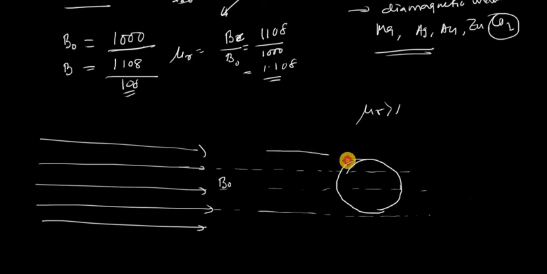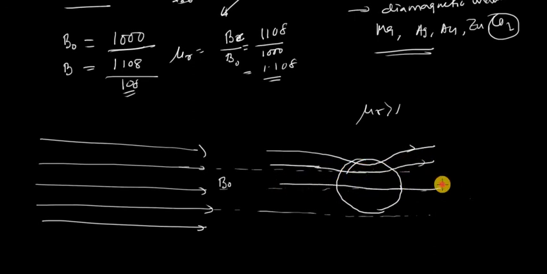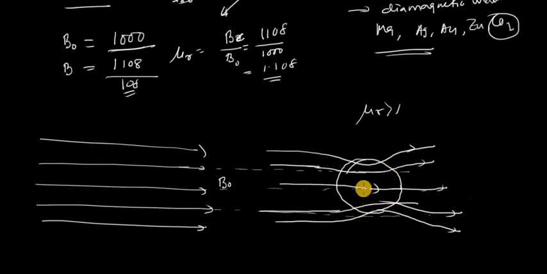That means these lines of force come closer and enter into the paramagnetic sample. These lines, which initially went outside the sample, now enter into the sample. You see the number of lines of force, 1, 2, 3, 4, 5, come closer. So this is for paramagnetic material.